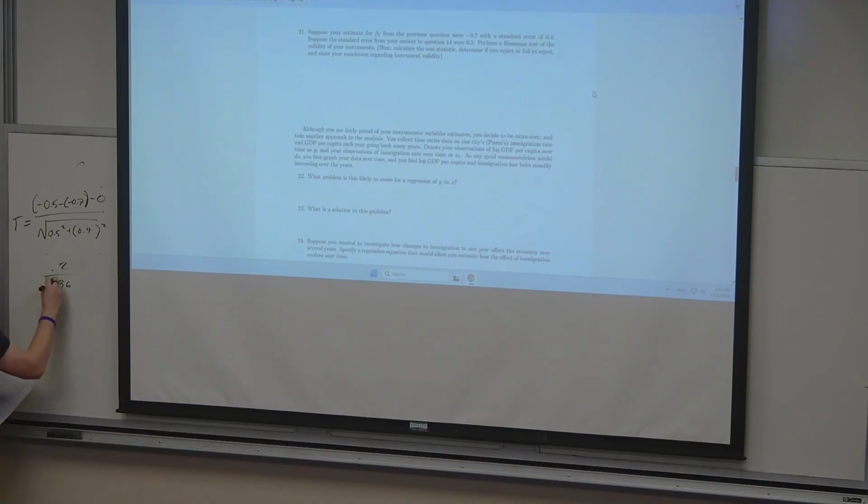Yes? So 0.2 over... I think it's 0.41. Did I not do that right? 16 plus 25. 0.25 plus 0.16. Oh, you're right. 0.41, huh? Like that? Yeah, you're right.